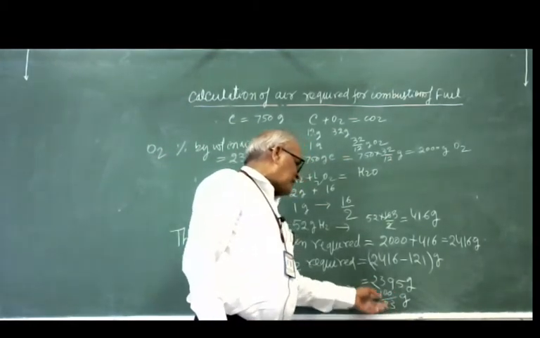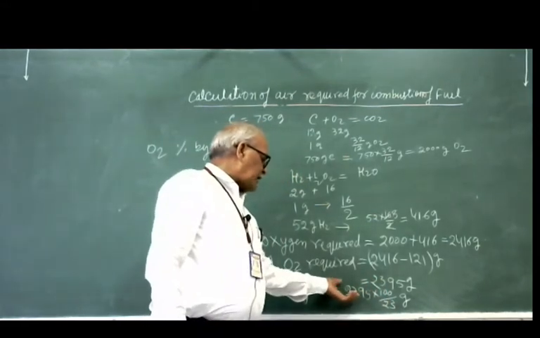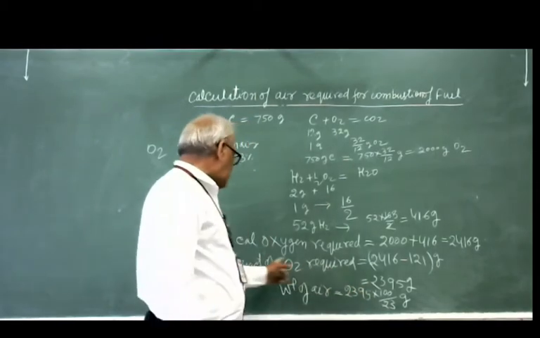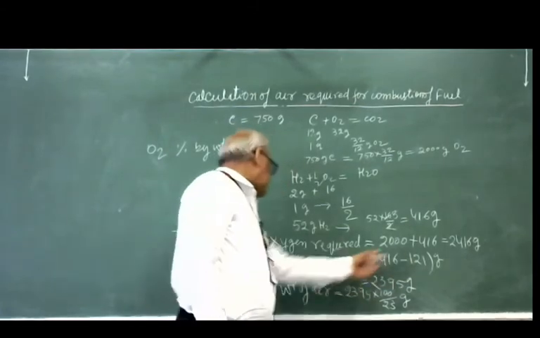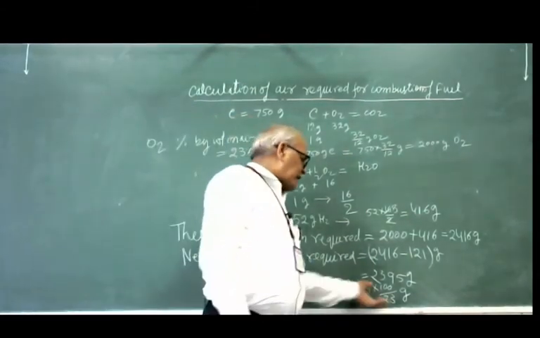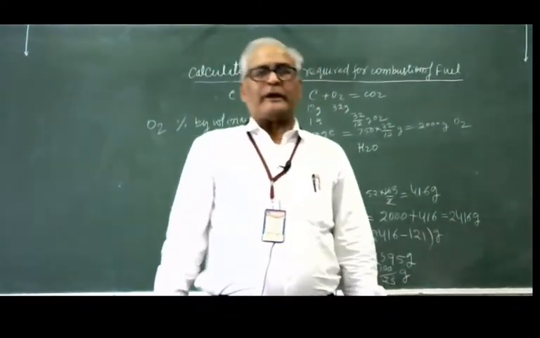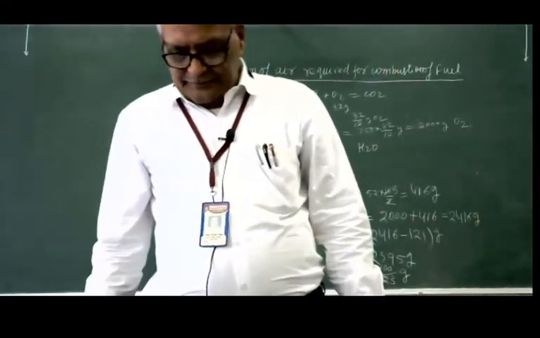This is the multiplication factor 100 by 23 into the net weight of the oxygen. So in this way you can calculate the minimum weight of the oxygen required.